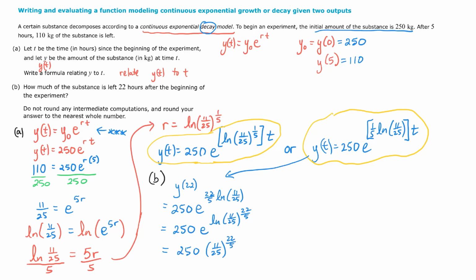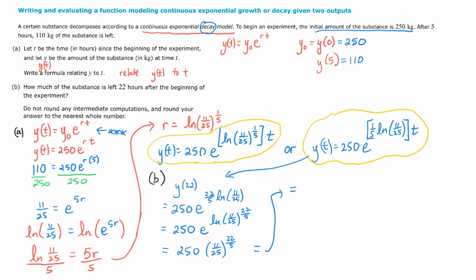Now, if you're using order of operations, make sure you use it with the order of operations in your calculator as well. So you're going to have to do the exponent first here. So on your calculator, you would actually type your base, which is 11/25, and raise it to the exponent first.